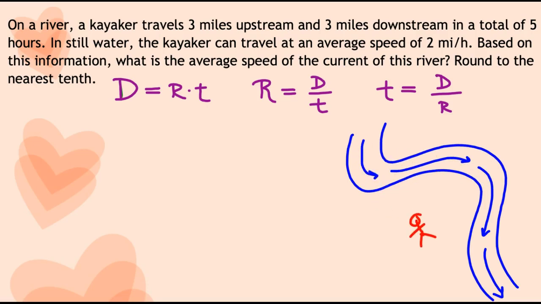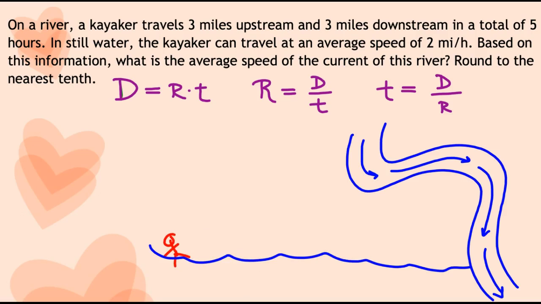If you're just going in a normal lake that didn't have a current, you would be going how fast? It says in the problem, if you read it, 2 miles per hour on average speed with no current in still water.